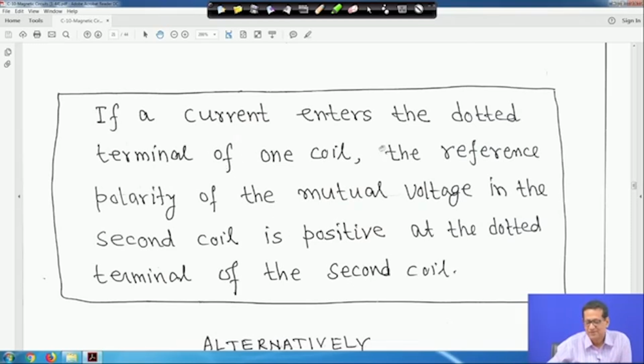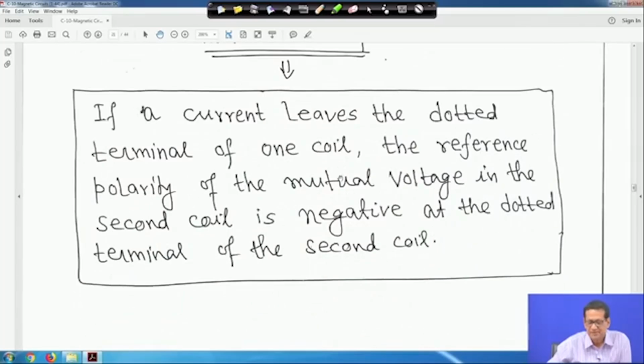Alternatively, if a current leaves the dotted terminal of one coil, the reference polarity of the mutual voltage in the second coil is negative at the dotted terminal of the second coil, right.